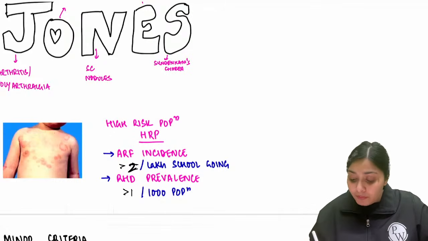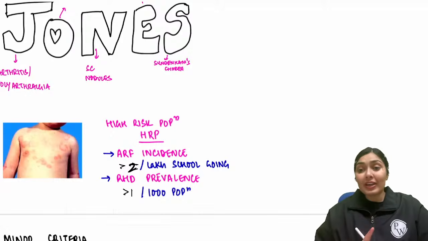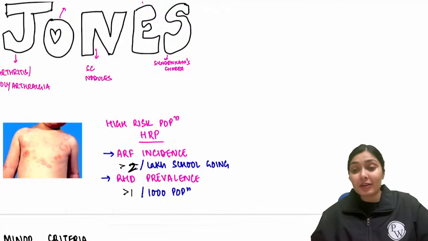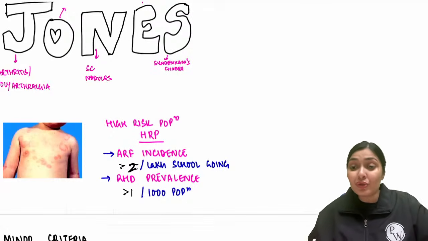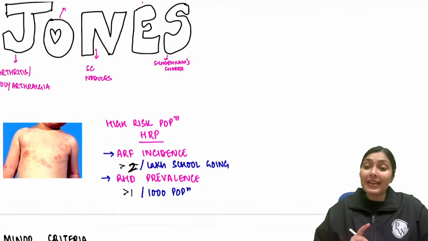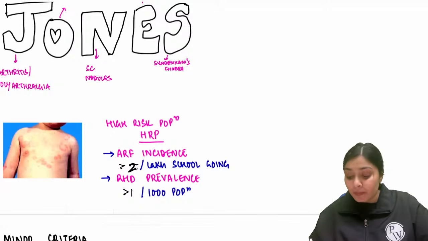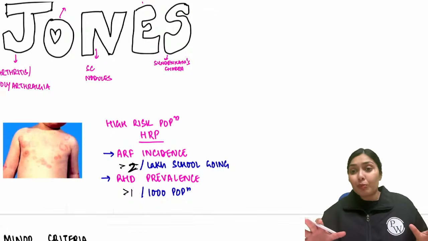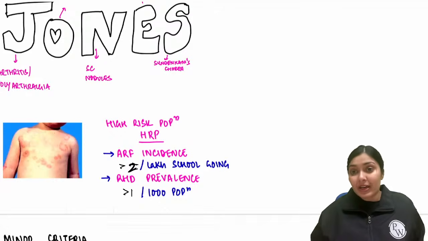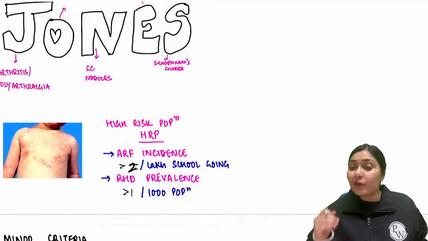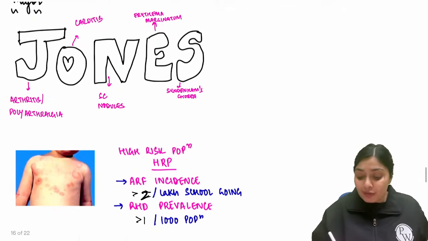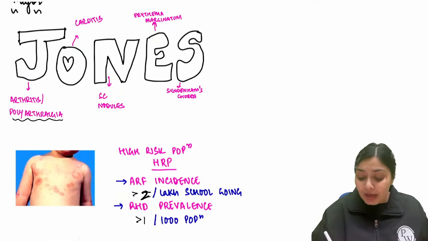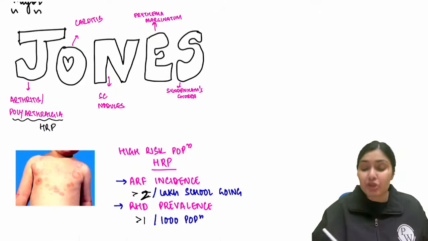So if the incidence of ARF is more than 2 per lakh of the school going children, and if the prevalence of rheumatic heart disease is more than 1 per thousand population, this is known as a high risk population. So in high risk population, I have to be very cautious, right? My threshold for these criteria would be less. So in high risk population, I will take polyarthralgia also as major.